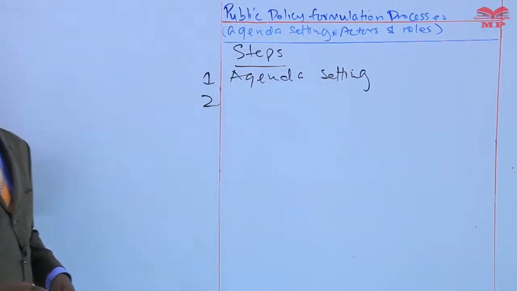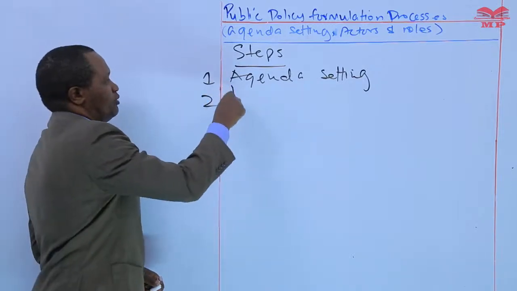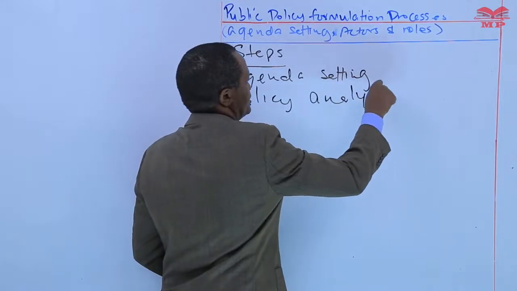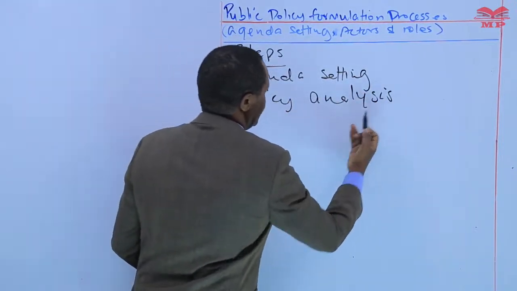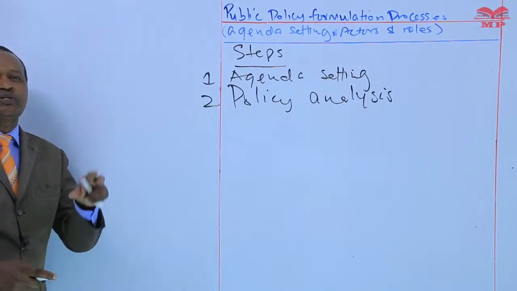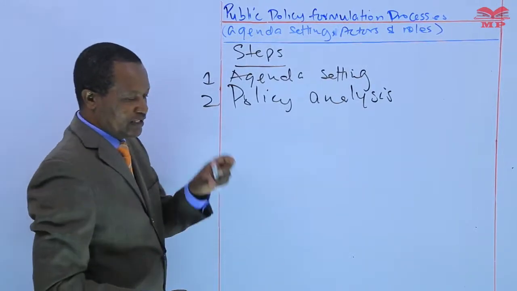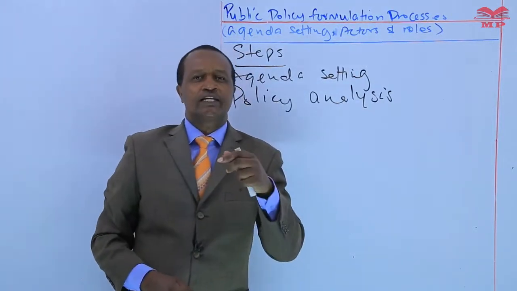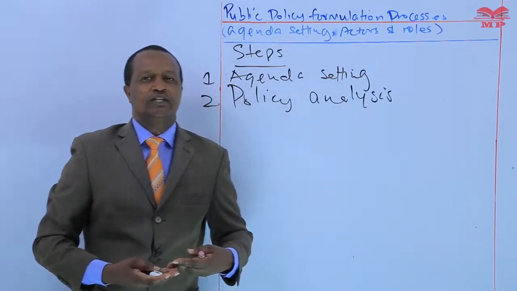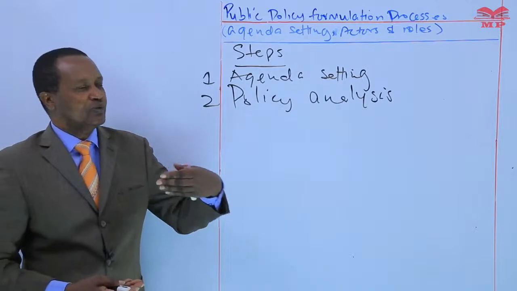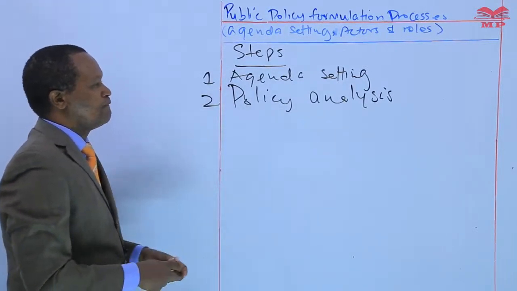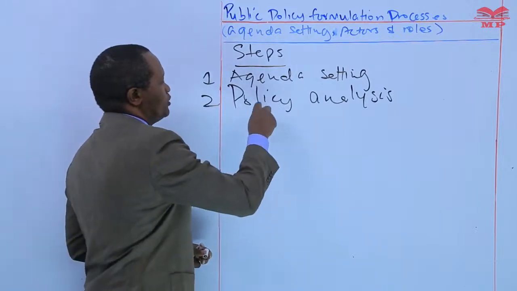Number 2 is policy analysis. Once a problem or issue has been identified, the policymakers engage in policy analysis in order to develop and evaluate what we call potential policy options.